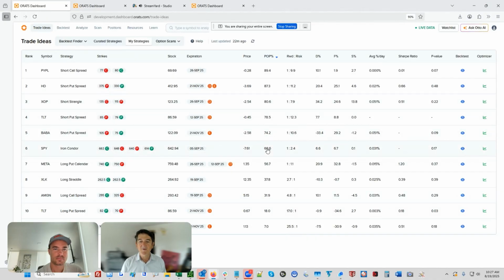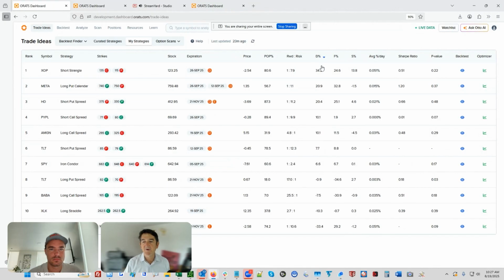So probability versus reward-risk is what it's all about, Tyler, and we present that here. We also present a distribution percentage, and you want to trade the highest distribution percentage. That again is picking out the short strangle, and then a high forecast percentage. So that's how I like to look at some trades often.